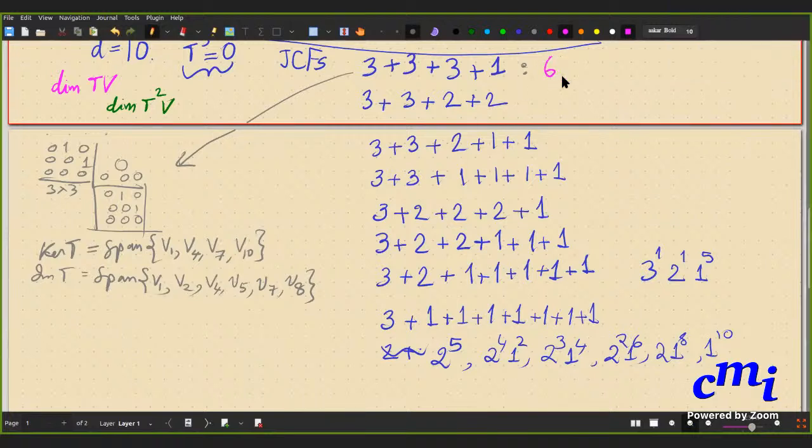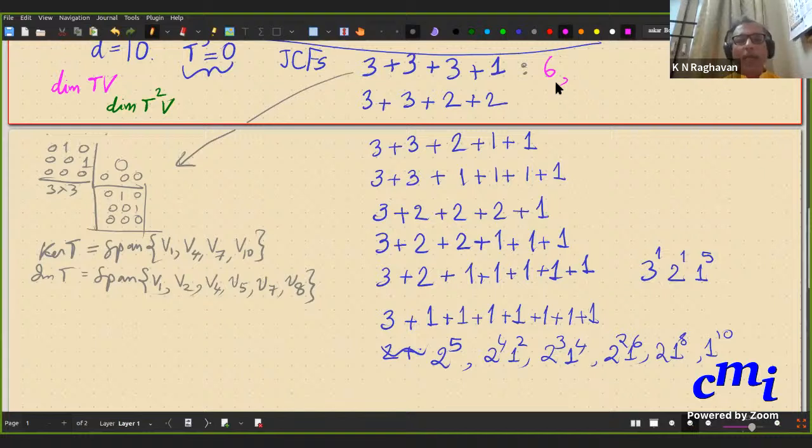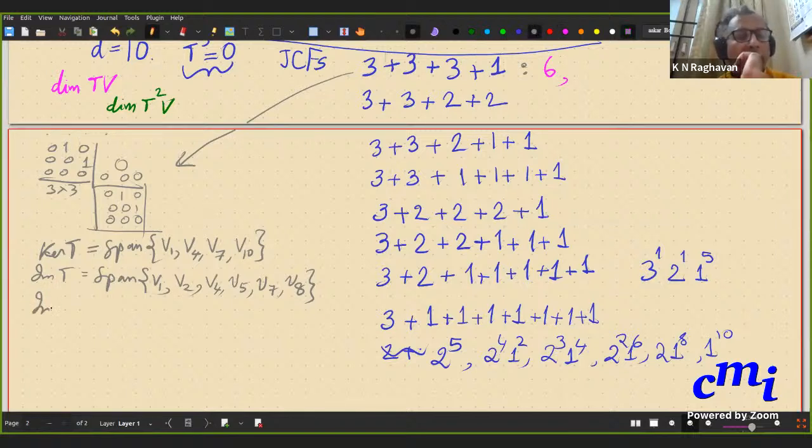Very good. What's the dimension of T squared V? Let's calculate this further. I'm going to write image of T squared is the span of. Okay, now what do I observe?